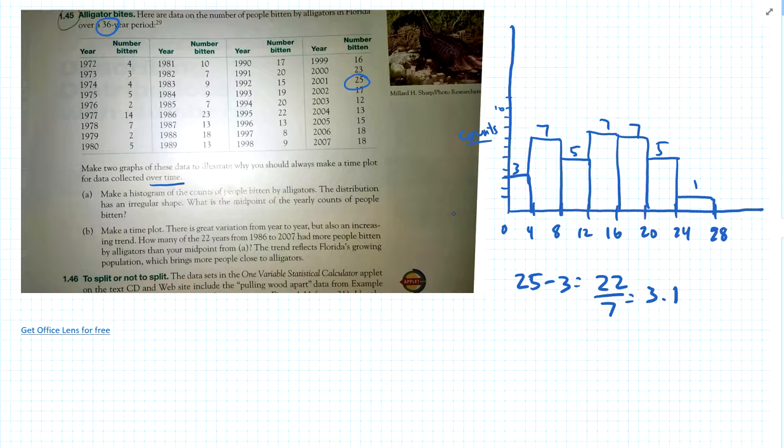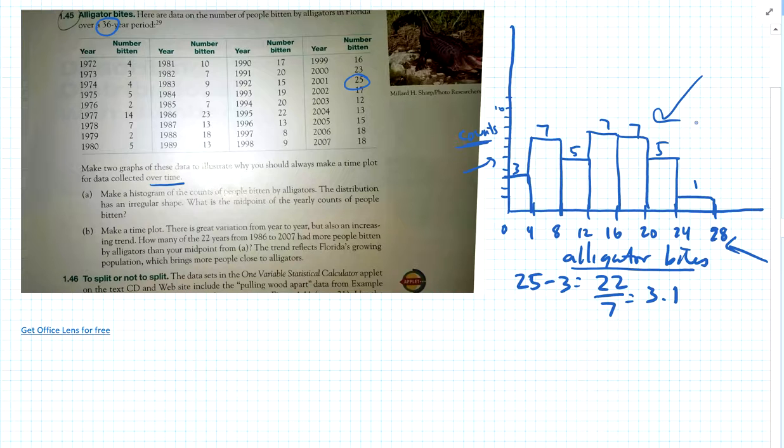So there's my histogram. I need to tell you what these counts on the bottom are. These are alligator bites. Key thing, I'm going to be looking at labels, making sure you label both the axes. I'm going to be looking at your scales. Do you have scales on both sides? And then, of course, I'm going to be looking at your data.